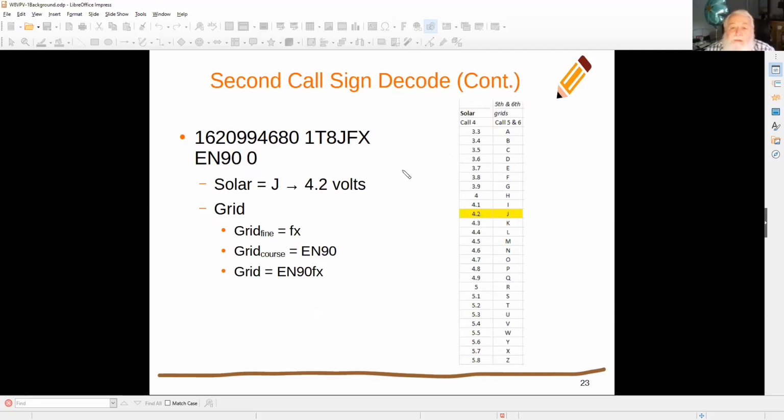And then the easiest thing is the last 2 characters here are the 5th and the 6th character in a 6-character grid square. So if you take your coarse grid square, which is EN90, and you put the FX on here, then you get the approximate location of the balloon here.